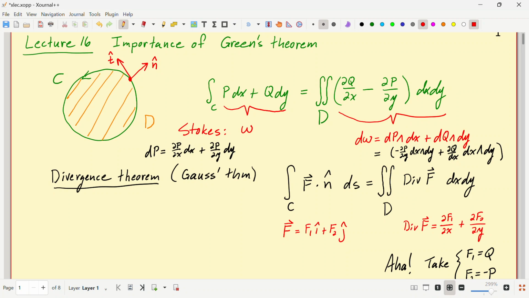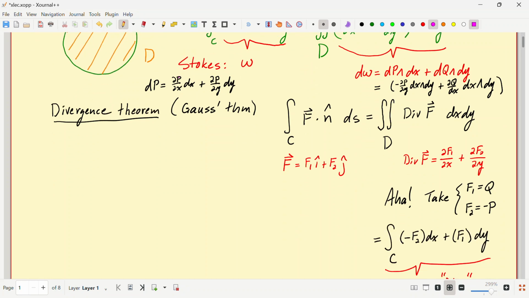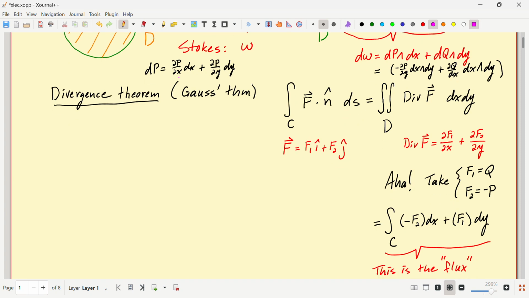This angle right here is pi over 2 going in the clockwise direction to the outward pointing normal. That's important when you start thinking about orientation and how it impacts these famous theorems.